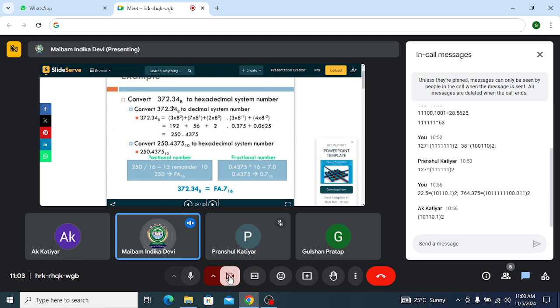For the fractional part, the positions will be -1, -2. Since you are going to convert it into hexadecimal, first you convert into decimal. To convert to decimal, you number the positions and multiply the digit by the base to the power of the position. Remember?